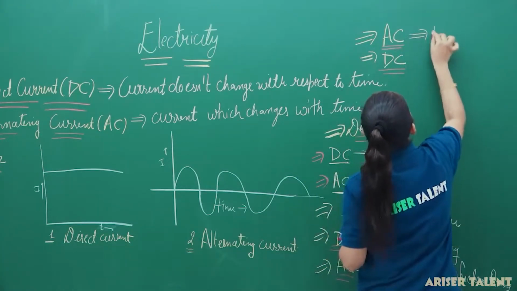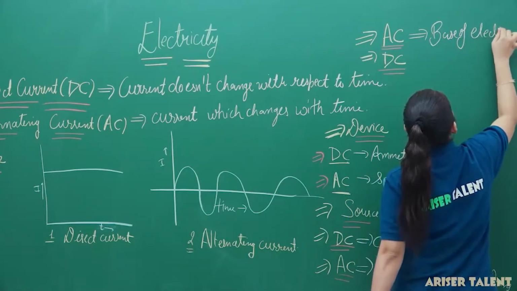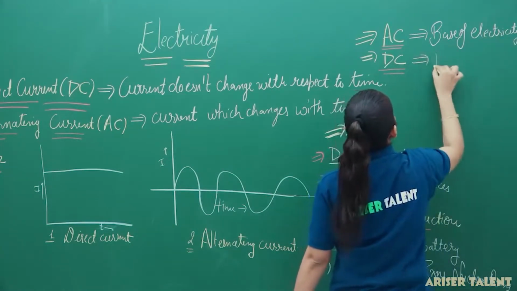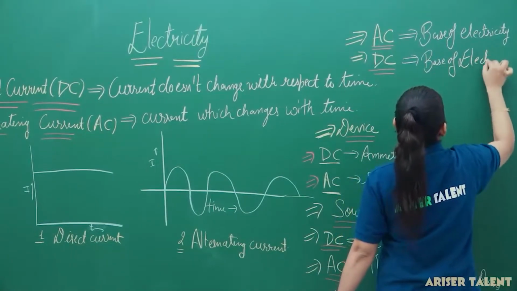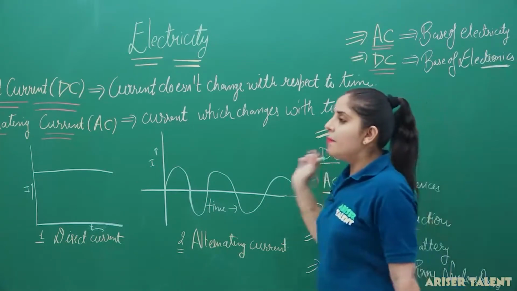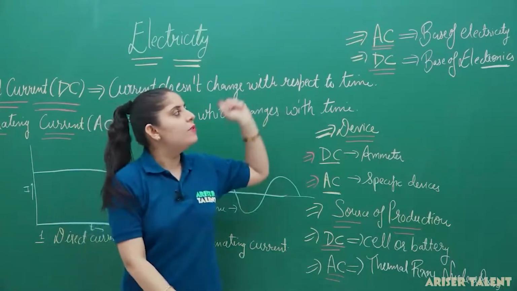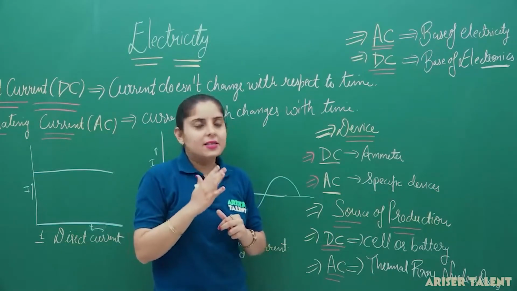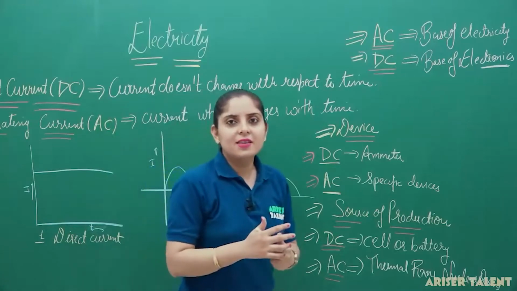If we are talking about electronics, we will always discuss DC current, but if we are going to electricity or the electrical branch, we will always discuss alternating current, because alternating current is linked with our electricity. So these are the major differences between AC and DC we have seen here.